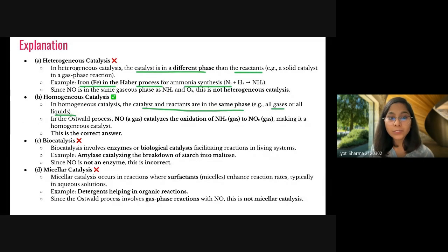In the Ostwald process, this NO is a gas working as the catalyst, doing the work of catalysis for the oxidation of NH3, that is ammonia, to NO2. And these three are in the gaseous phase, so that's why this is homogeneous.